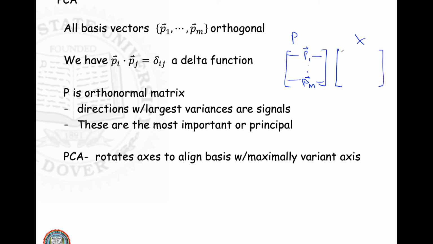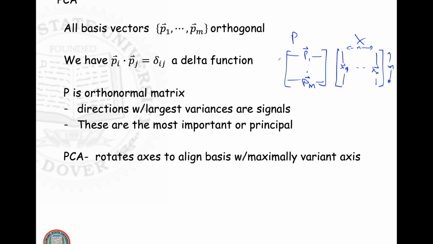So we have m measurement types for X, and we had n many samples, xn. We had n columns, that's the number of samples, and we had m rows, that's the number of features.